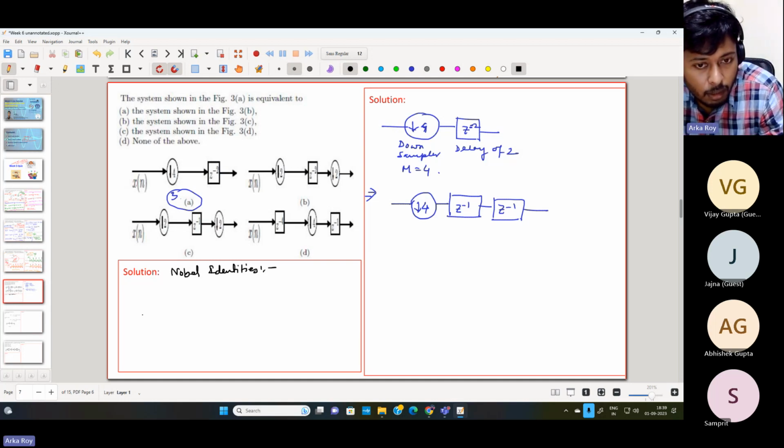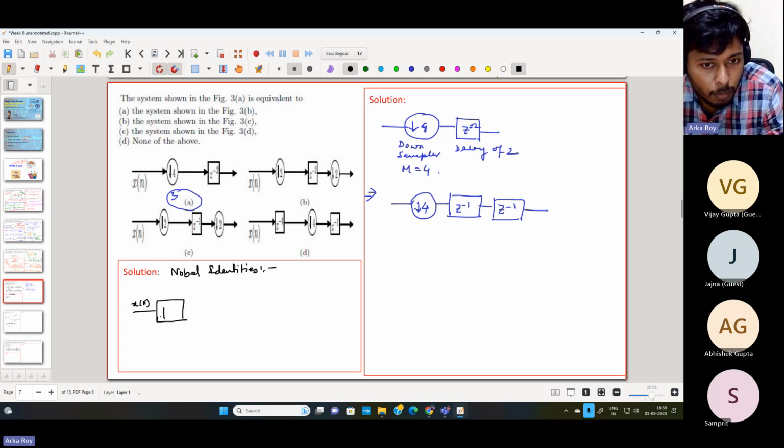Let's say you have x of n, and let us consider you have a downsampler with a factor of M followed by H of z, just a filter response, and you are getting y of n.